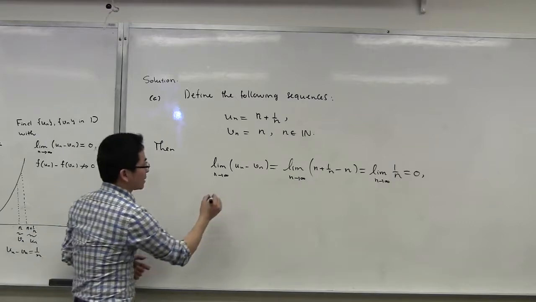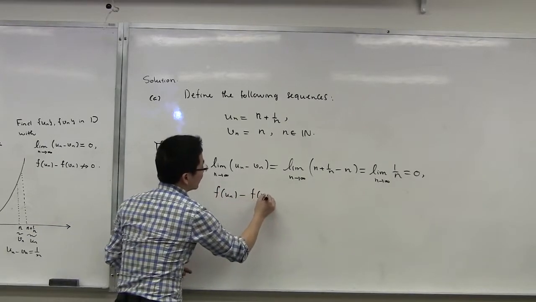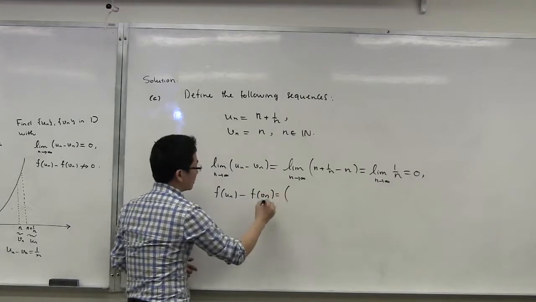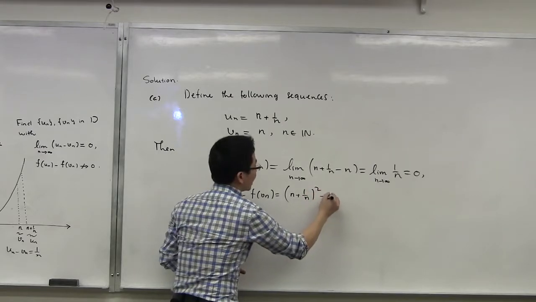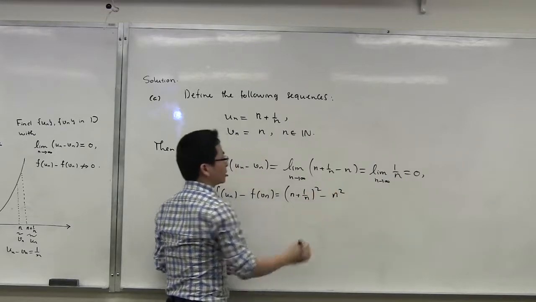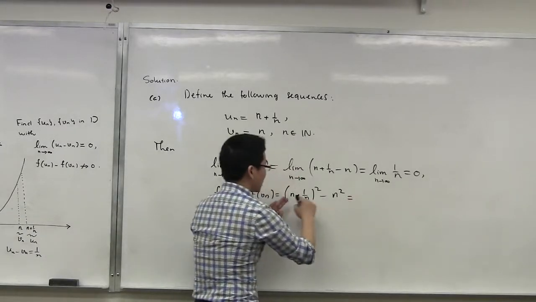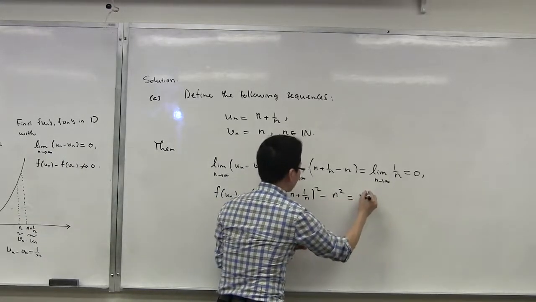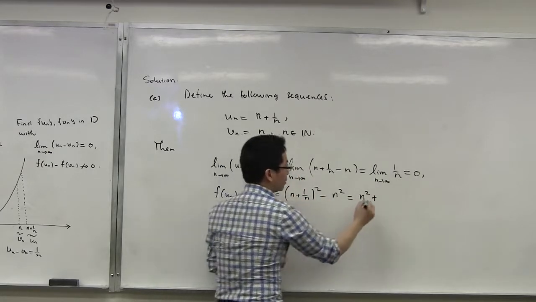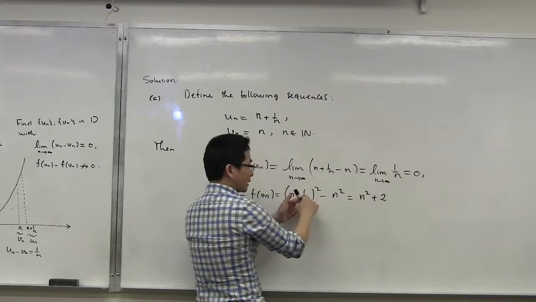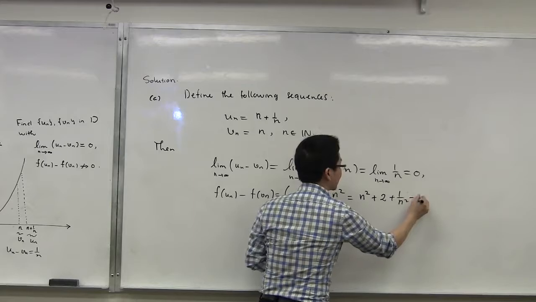We also see that f of un minus f of vn is equal to (n plus 1 over n) squared minus n squared. So this is equal to n squared plus 2n times 1 over n, which is 2, plus 1 over n squared, and then we subtract n squared.